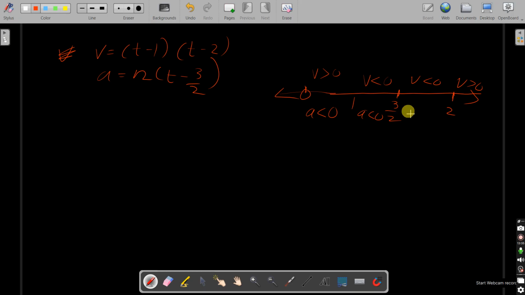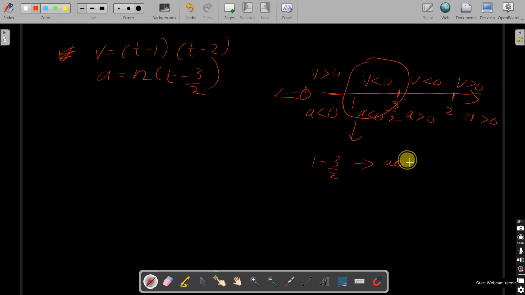If it's greater than 3 by 2, then it will be positive, acceleration greater than 0. So now figure out where velocity and acceleration are the same. From 0 to 1 it's different. But from 1 to 3 by 2, you can see it's the same.